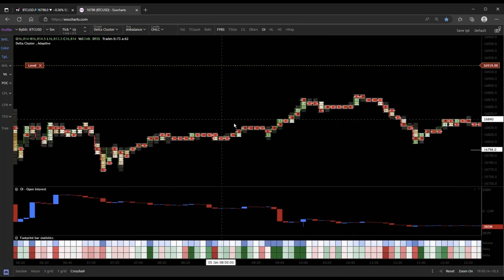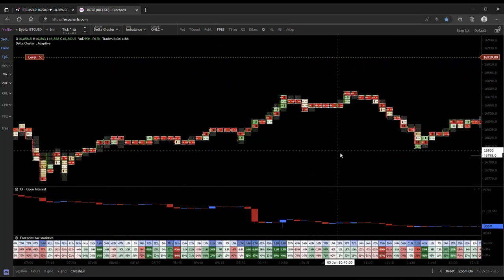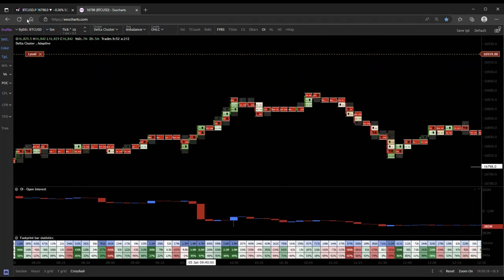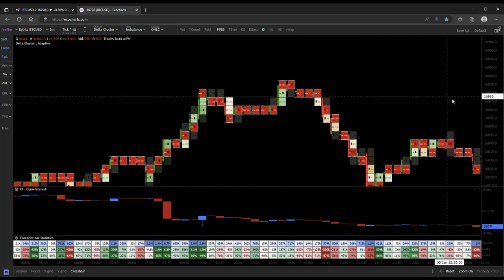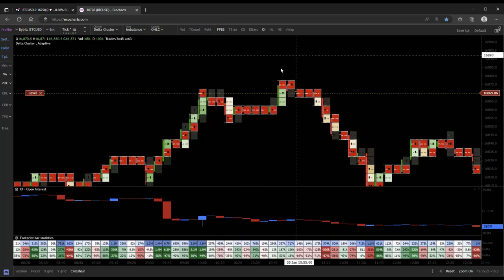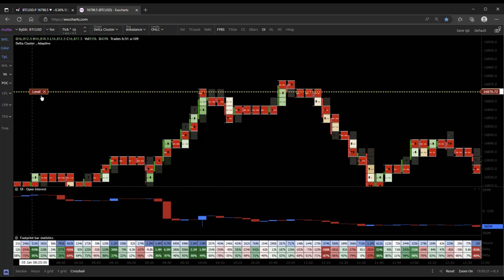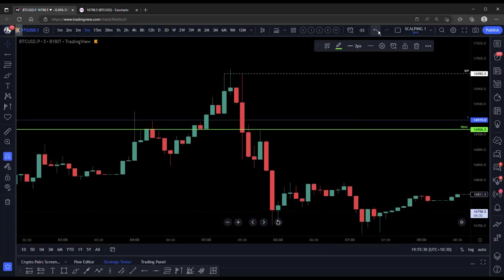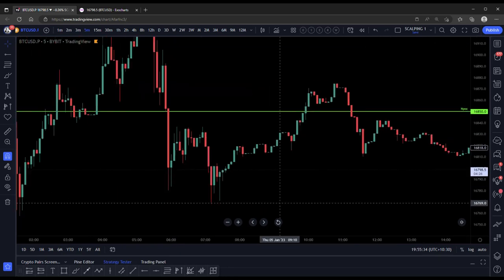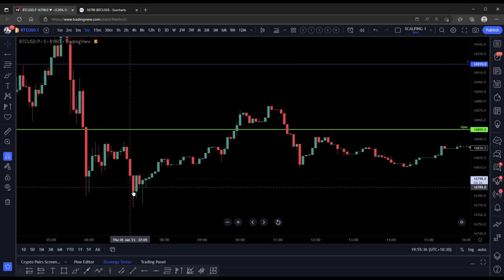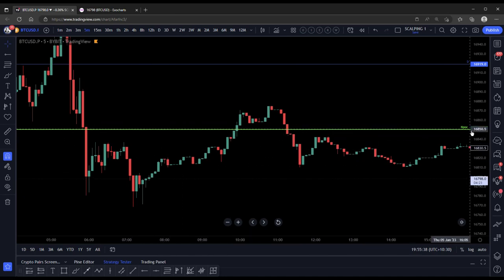So let's have a look at this one here as well, because this is an SFP as well. Let's see, so this is the level we're trading here, and on the charts, that's this level here. You can see price coming up into a key level.